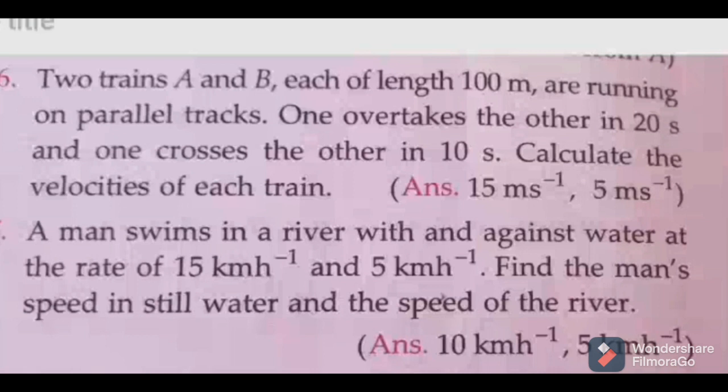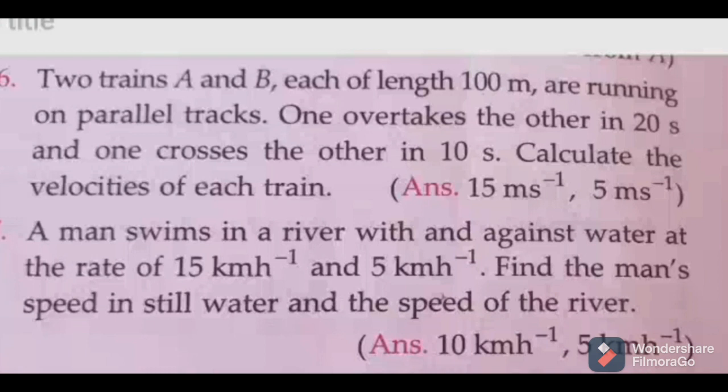Whether the train is overtaking or crossing, if they're crossing each other, it means both of them are coming from opposite directions. If one is overtaking the other, it means that they were traveling in the same direction. So the distance traveled is the same in both cases.